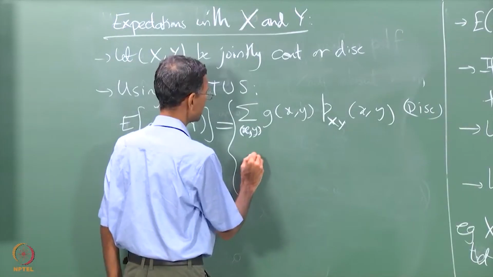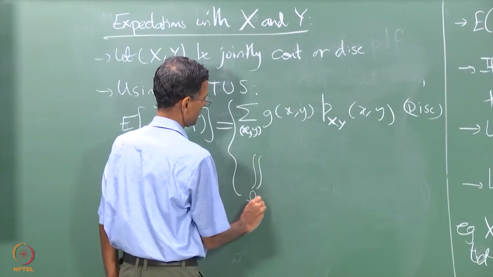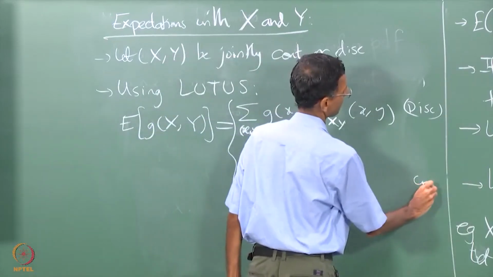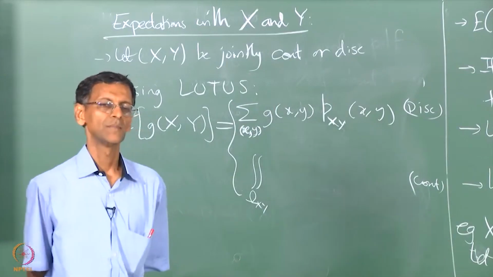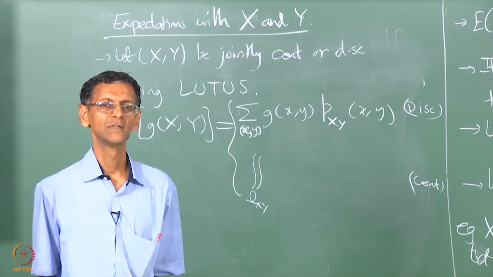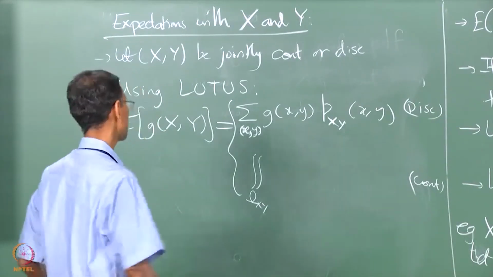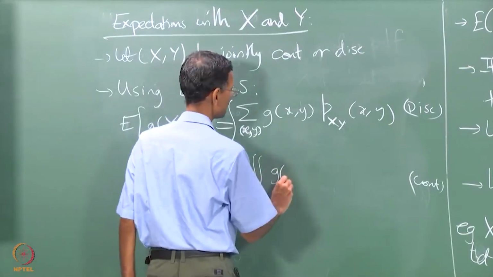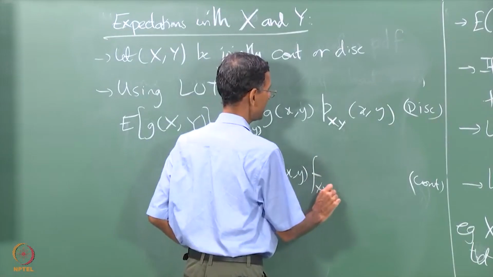Then of course for the continuous case, what do we do? How do I write it out? Right. So g of x, y times the joint PDF.